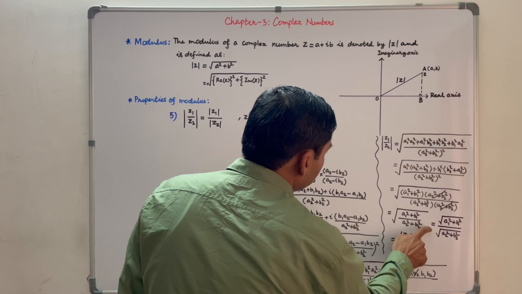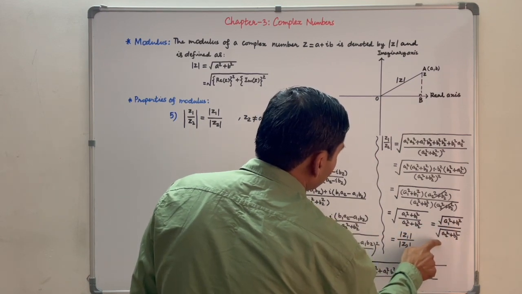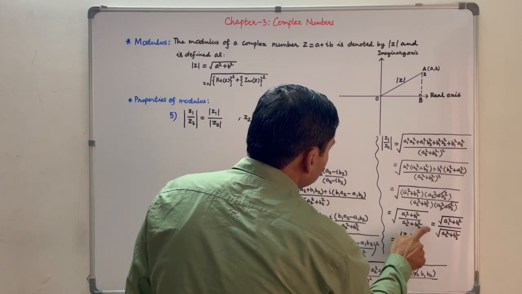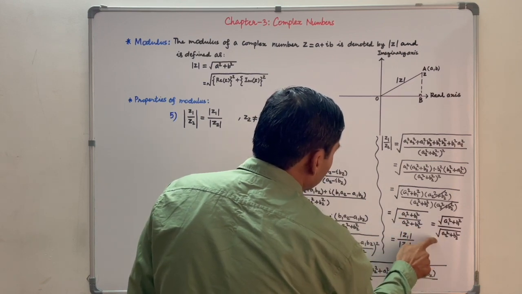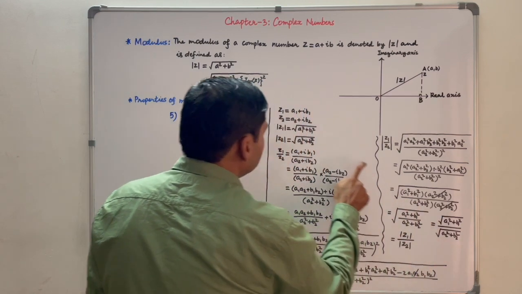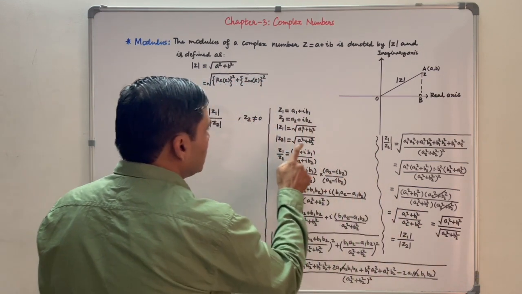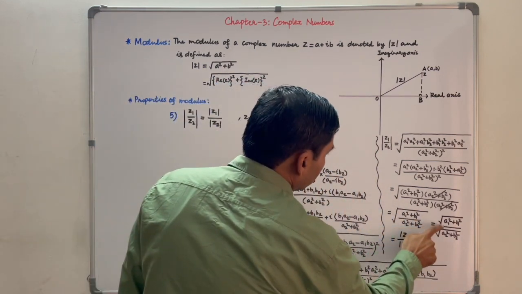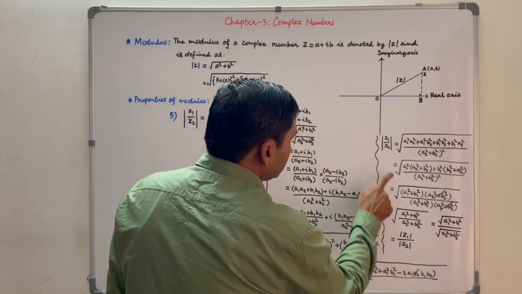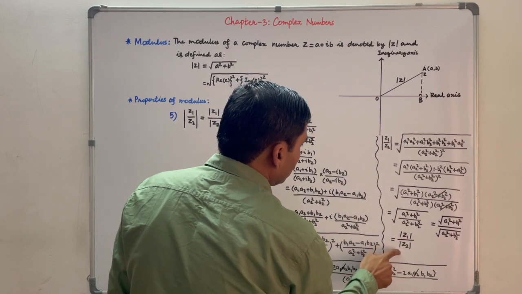We can write this as √(a1² + b1²) upon √(a2² + b2²), as √(a by b) is equal to √a upon √b. √(a1² + b1²) is equal to |z1|, and √(a2² + b2²) is equal to |z2|. So we can write this as |z1| upon |z2|. So we can say that |z1 upon z2| is equal to |z1| upon |z2|.